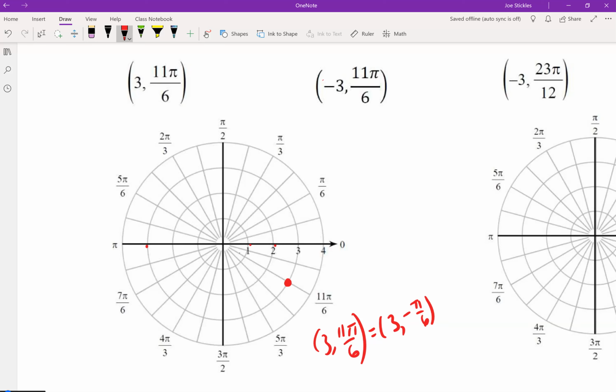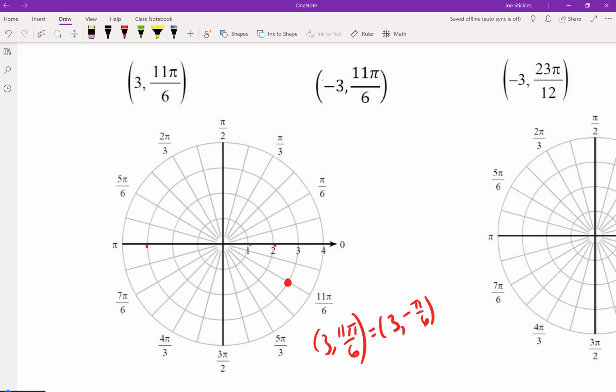Now, from here, I'm not measuring from the positive x-axis anymore. When we've counted backwards, I have to go from here when I do my angle. From here, I need to go positive 11 pi over 6. Positive is counterclockwise. So from this point, I've got to start going this way, and I've got to go 11 pi over 6, which is all the way around over here. So I end up right here.